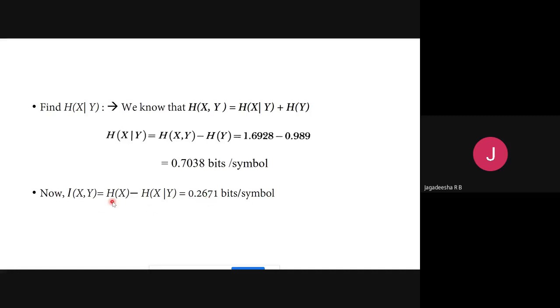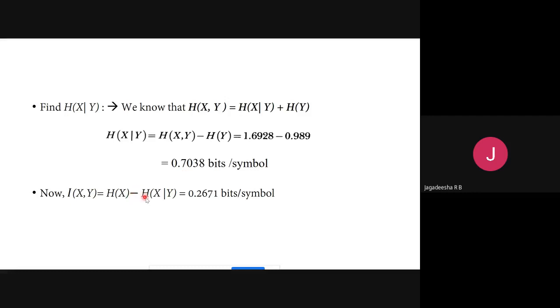See, because we know all these values. This value we have found in the very first step using the probability of the input, P(x1), P(x2), which is the input given in the question. Using that, we found this parameter, right? Summation of p_i log p_i for all the input variables. And this value we found here.